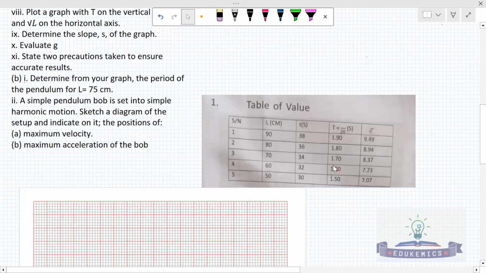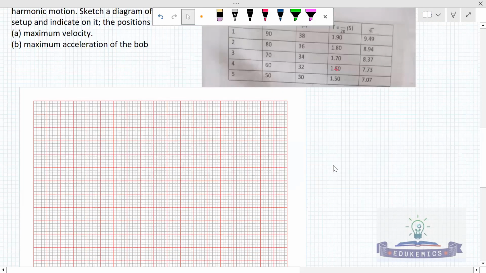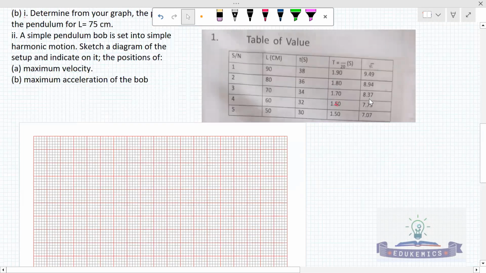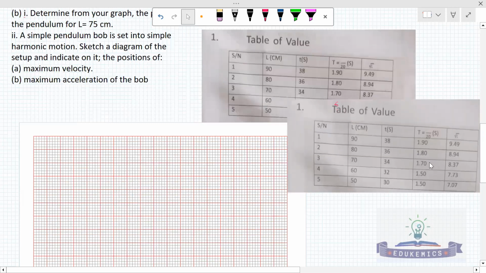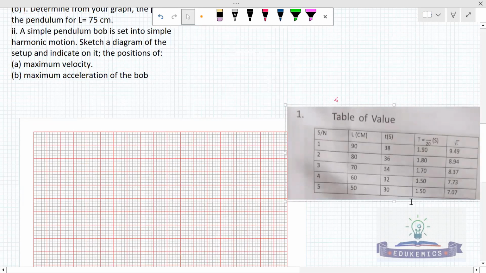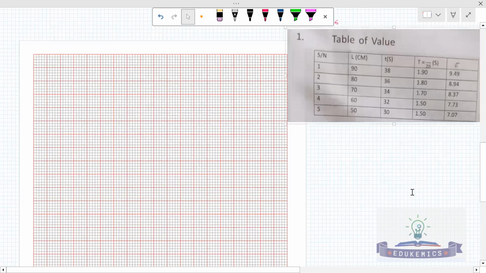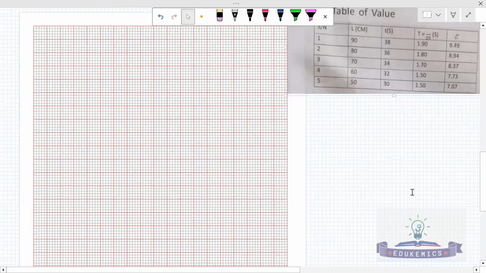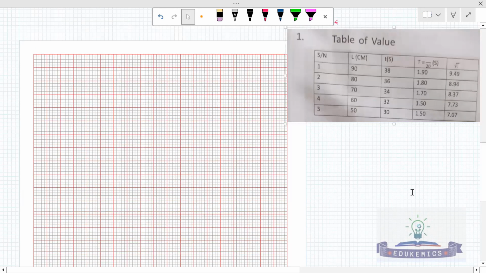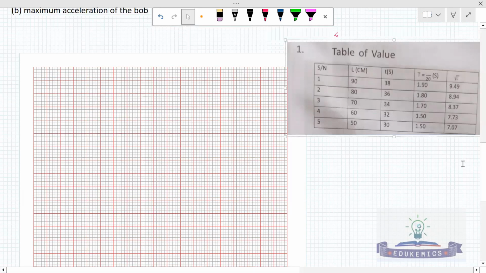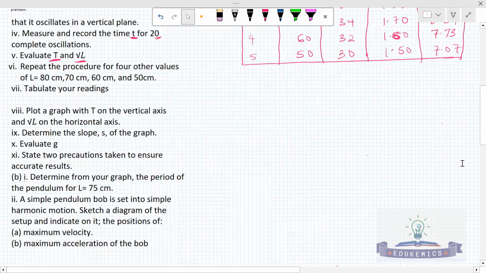So the next thing, and you have to pay attention very closely here. Give your graph a title. The graph is what? Plot a graph of T on the vertical axis.